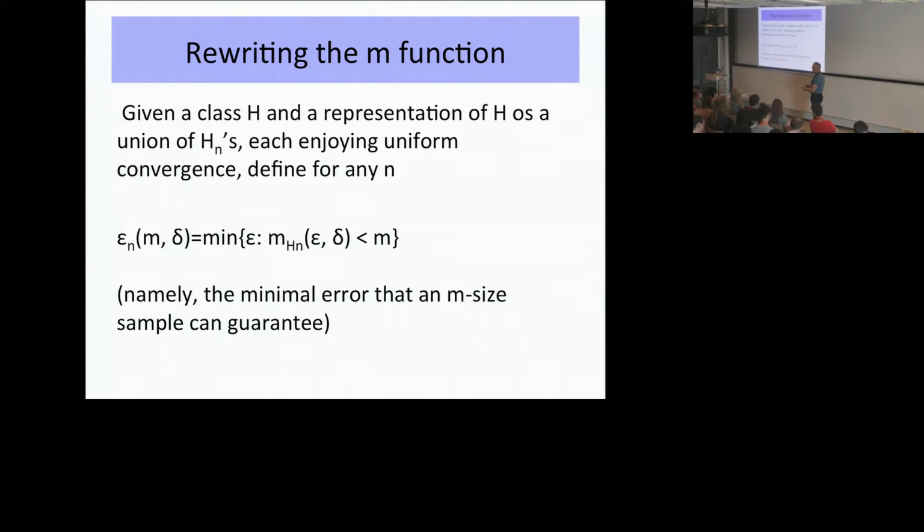I'm just changing the roles in my functional dependence, and it has this parameter n because I'm talking about the class Hn.